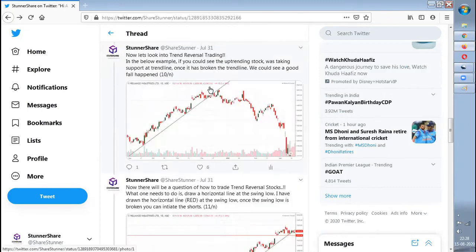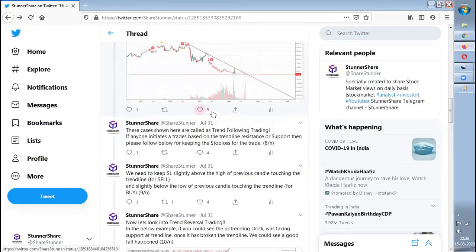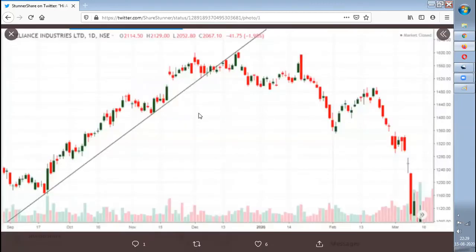So now let's see an example of trend reversal trading. Till now, what we have told is that the trend is getting accepted at the support, and the trend is getting rejected at the resistance, and that is what we have seen till now. Now we will see trend reversal. That means a break of the trend line, where at the support trend line or resistance trend line, what we need to do and how we need to do it. So let's take the same Reliance case. This is the trend line, it has been connected, and at this zone, the candle started giving a break.